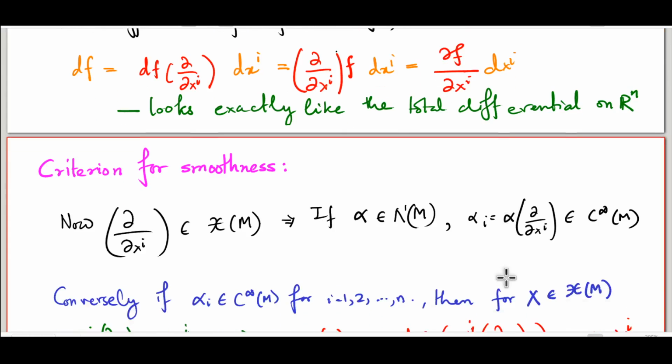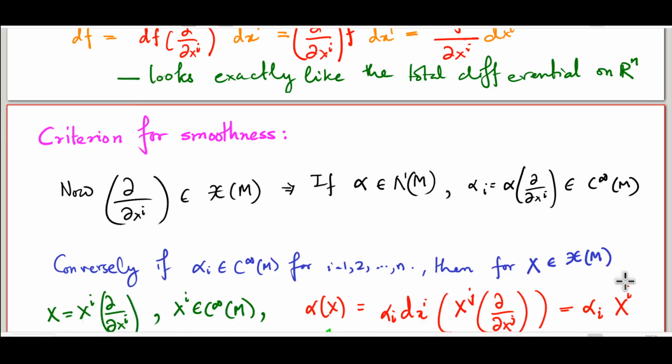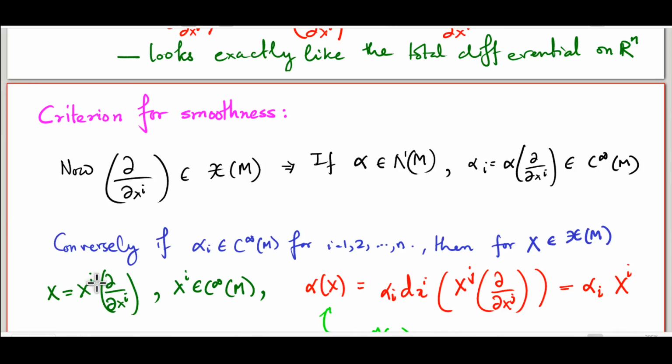Conversely, if all the alpha i's, i running from 1 to n, are smooth functions, then for any smooth vector field capital X, which can also be written down in terms of components of the coordinate basis vectors, X can be written down as Xi del del xi, and we had proven earlier that the criterion for X to be smooth is that all the component functions capital Xi are smooth. Now what is alpha of X? Alpha of X is simply alpha i dxi acting on X, which is Xj del del xj.